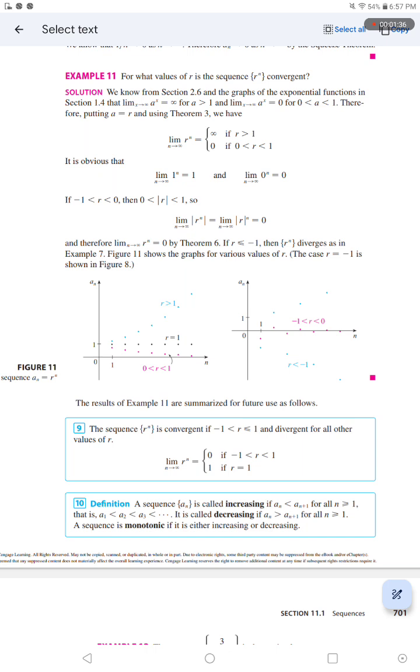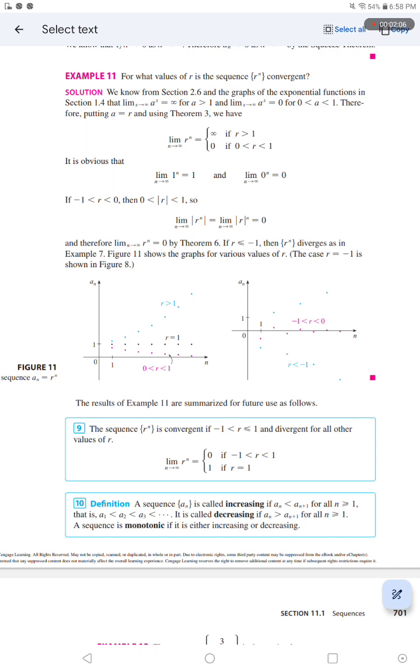So the limit of the absolute value of r to the power n as n approaches infinity equals 0. And therefore, the limit as n approaches infinity of r^n equals 0 by Theorem 6.